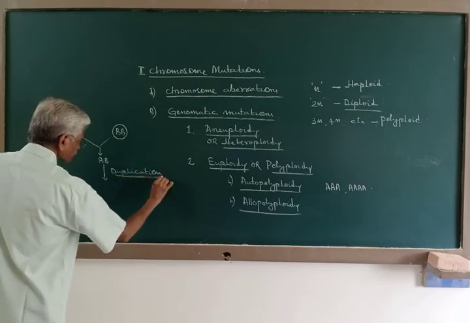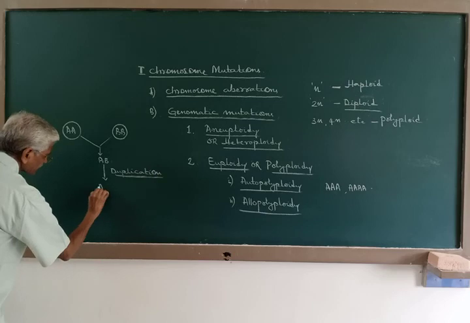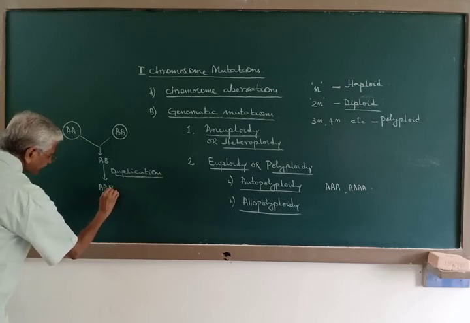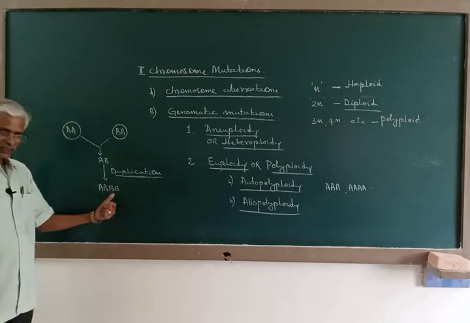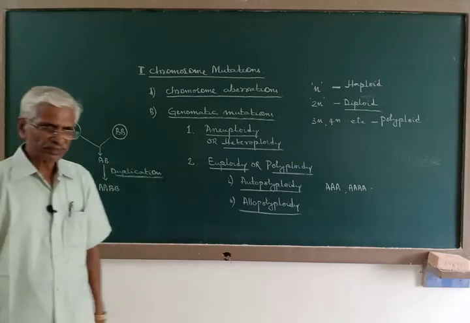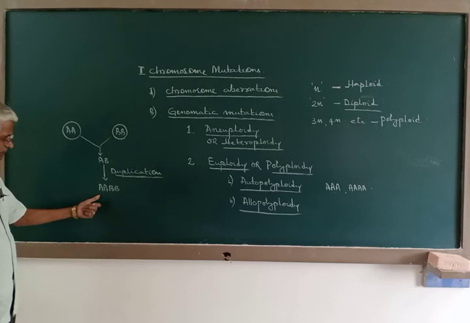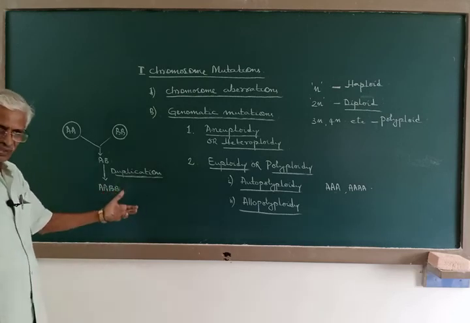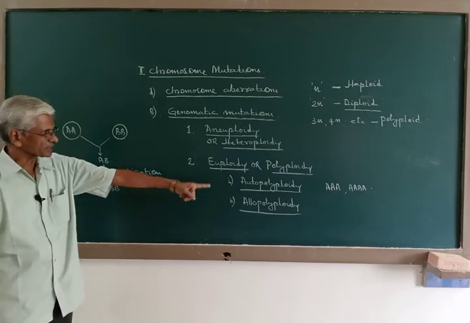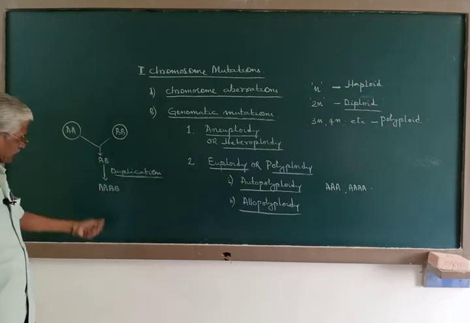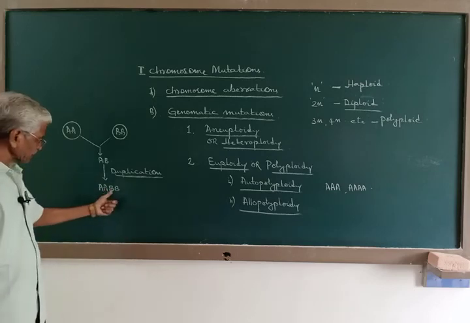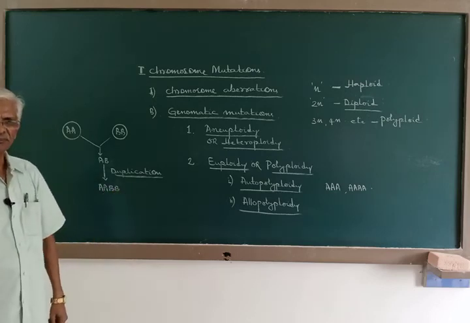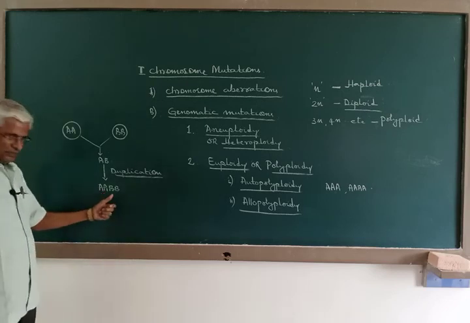When this undergoes duplication, you get A, A, B, B. So this is the new condition that has been produced here, and here the number of sets of chromosomes is 4, and hence this is a type of polyploidy. But in this polyploidy, all the sets are not the same. Two different sets of chromosomes are brought here.